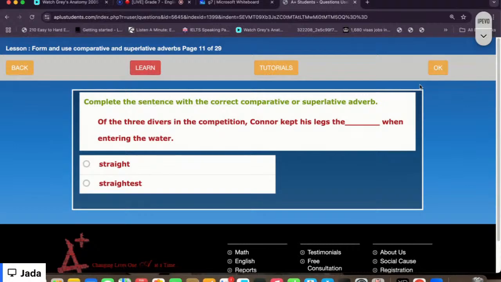Okay, so we have: of the three divers in the competition, Cornern kept his legs the dash when entering the water, so the straight or straighter.